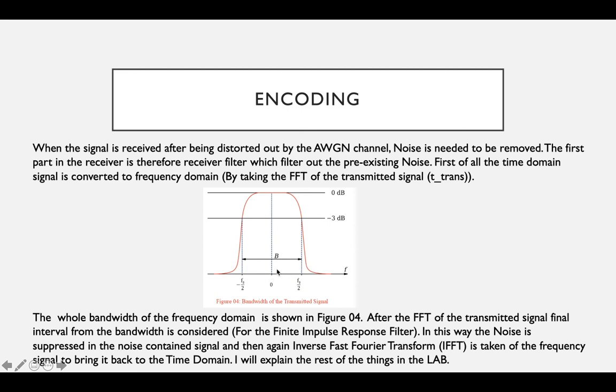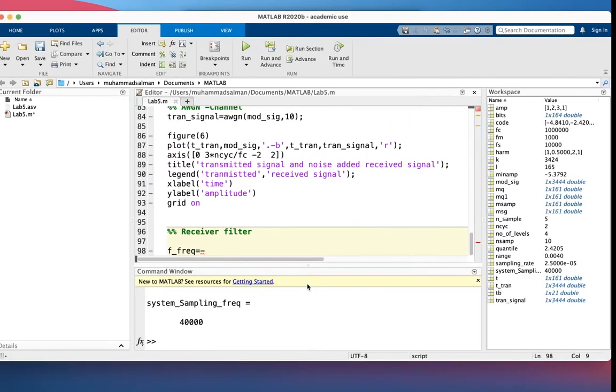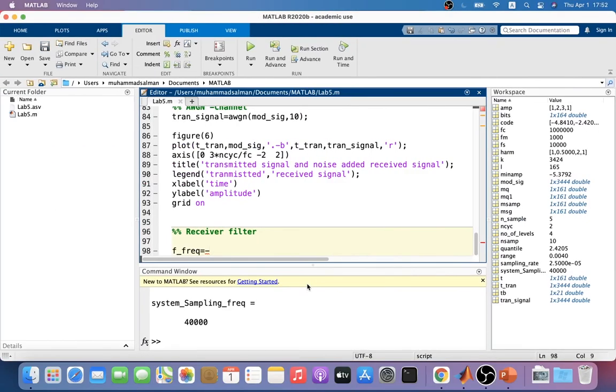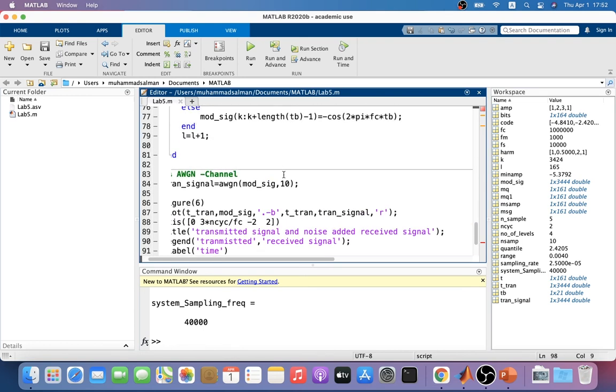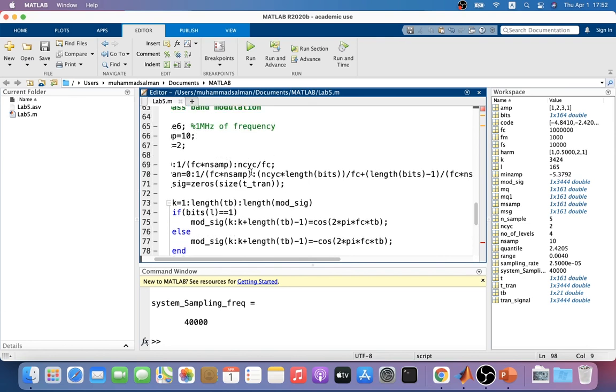So the same thing is happening here. So it is also fine if you only take this part of your signal, or you take this part of the signal, or both. It depends on your application. But in frequency domain, you always express the signal in the form of minus fs by 2 to plus fs by 2. So for that sake, I'm just taking the signal from minus limits to plus limits, and as I know that my maximum limit is this one, so 10 times the carrier signal.